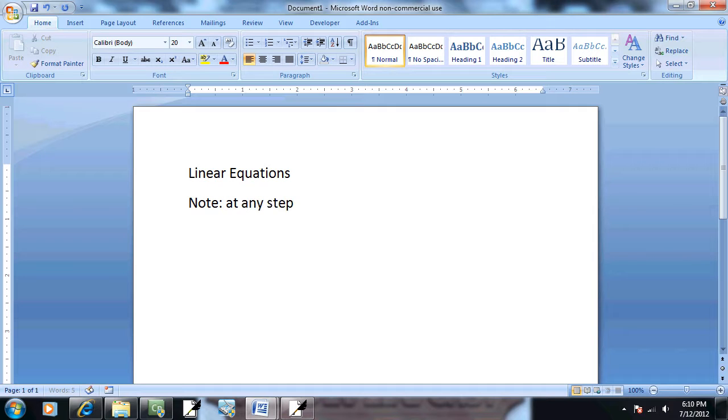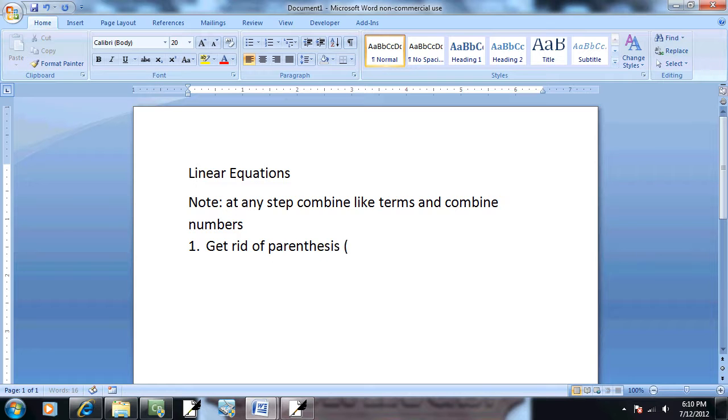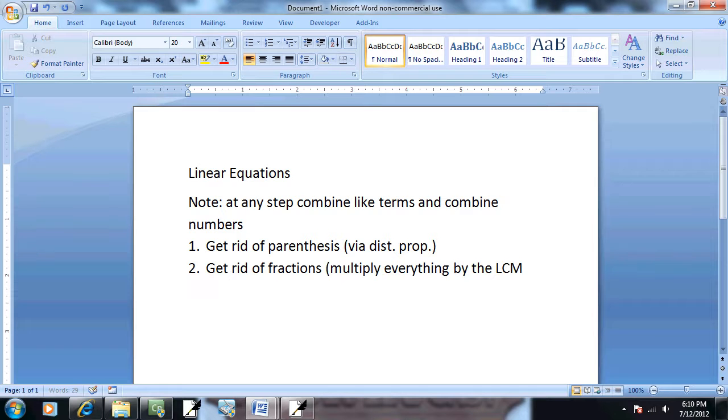It says at any step, combine like terms and combine numbers. Step 1, get rid of parentheses. You do that via the distributive property. Step 2, get rid of fractions. We multiply everything by the LCM of all the denominators.